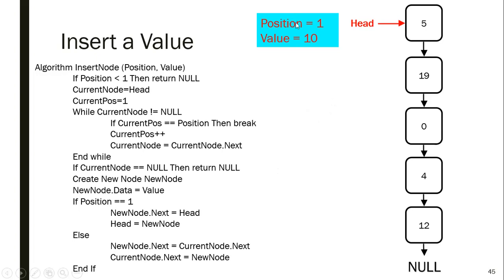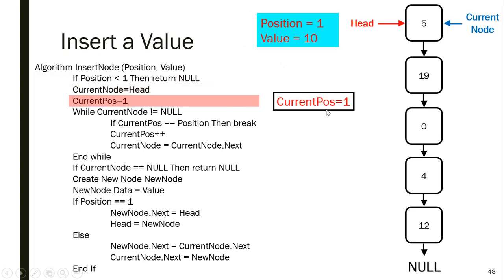Now the second case, if position is 1, what will happen? You see here, if position is less than 1, return null. No, it is not the case. Current node is pointing towards head and current position is 1, while current node is not equal to null, it will reach that position.